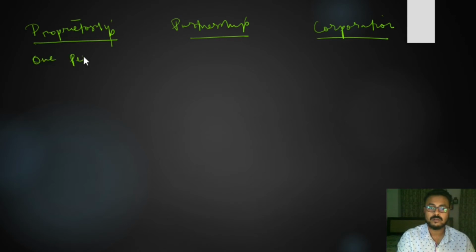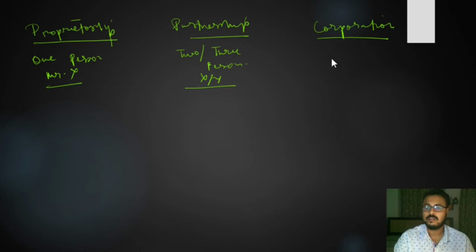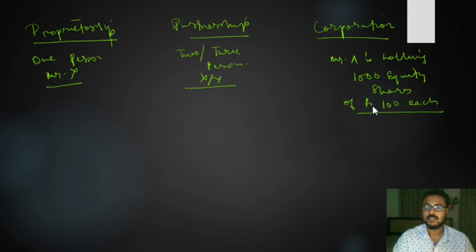Here there are two or three persons, say Mr. X and Y. Also suppose Mr. A is holding 1000 equity shares of rupees 100 each. So that means it will be around rupees 1 lakh.